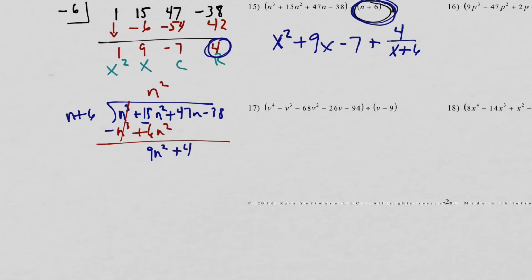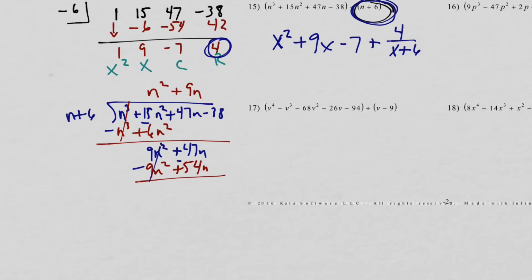Bring down your 47. So now we need a value multiplied to n to get you 9. So we need to make 9n. So now 9n times n gives you 9n squared. 9 times 6, 54n. Change the signs. Don't forget that this time.